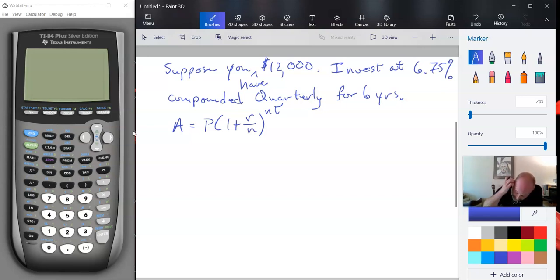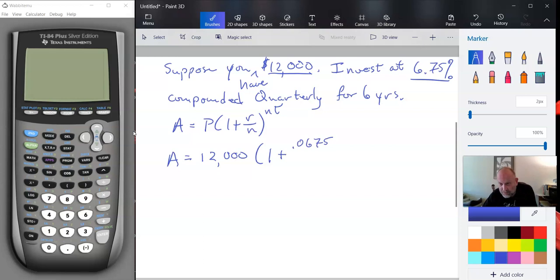Okay, so I'm assuming you've paused it and given it an attempt here. So if we want to know the amount after 6 years, it's the principal, P, which is the amount you start with. So it's 12,000 times 1 plus R. Now, R is this 6.75%, so we need to write that as 0.0675.